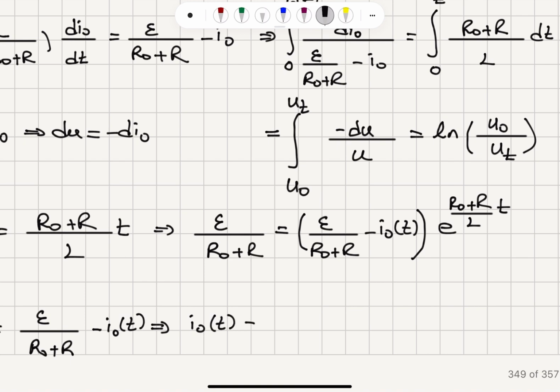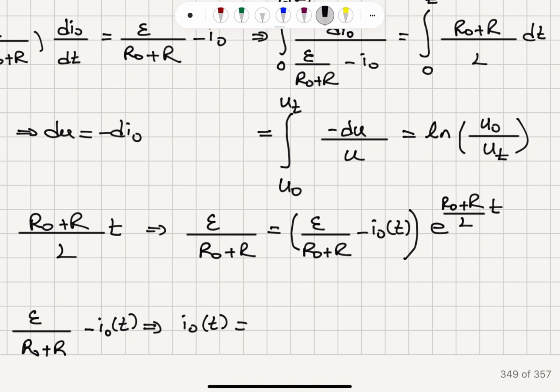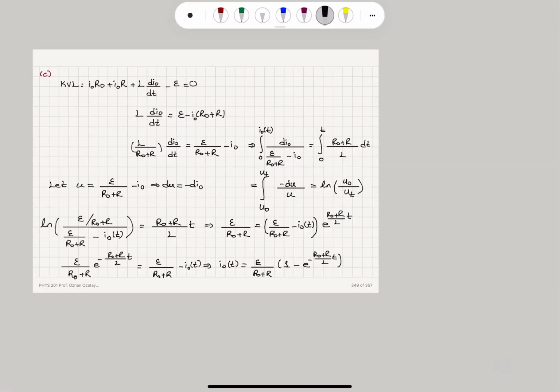I0 as a function of t is then given by epsilon over R0 plus R, parentheses 1 minus exponential minus R0 plus R over L t.